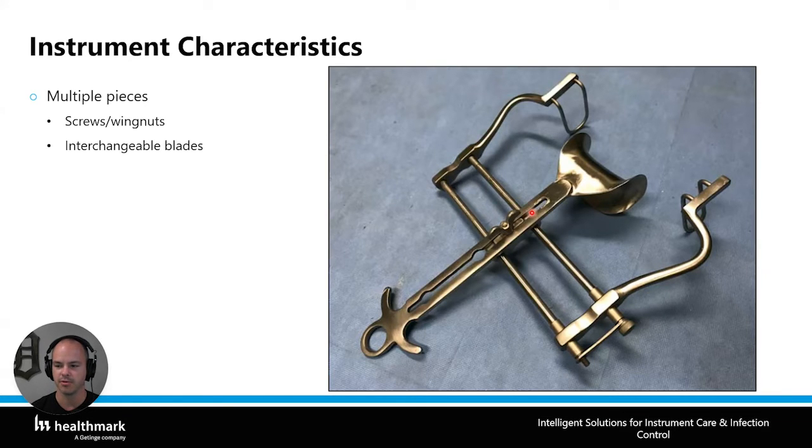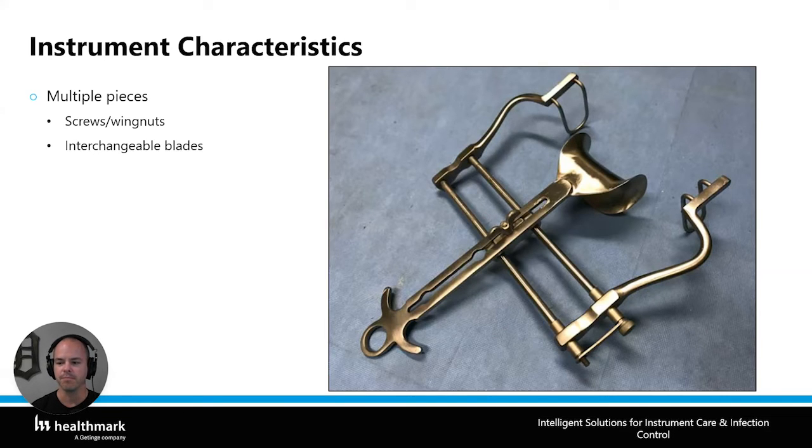Also, what's really important to notice here is that when you have multiple pieces, retractors like this, sometimes you might have to take them all the way apart, obviously, for the cleaning process. You may or may not have to take them all the way apart for sterilization, but they should be at least loose. Always recommend following the IFU for that.